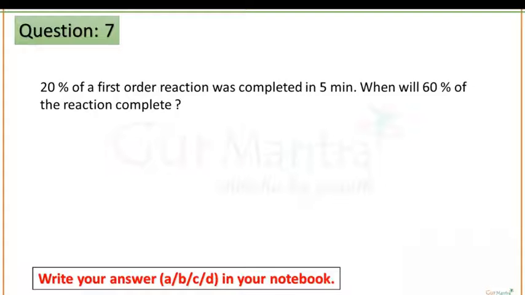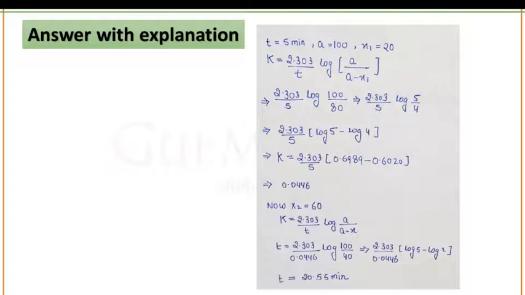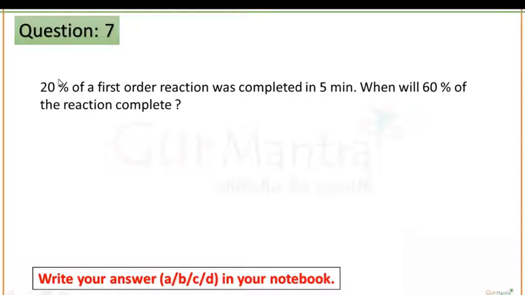Okay, time up guys. The correct solution for this question is this. So first of all, you have been given the time, that is 5 minutes, the value of A, that is 100, and the value of x1, that is 20. As you can see here, 20% of the first order reaction was completed in 5 minutes.